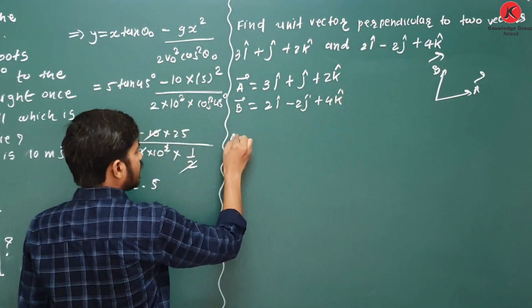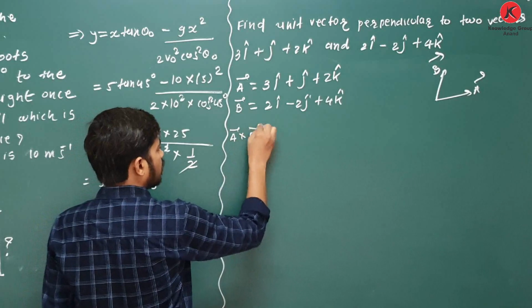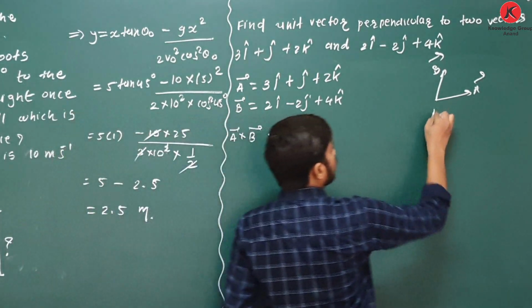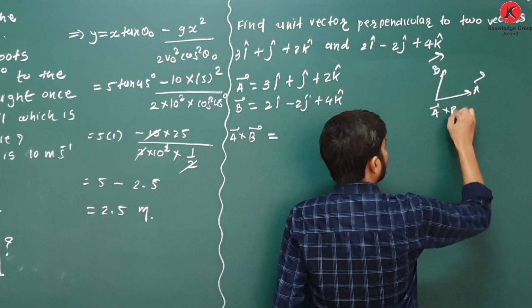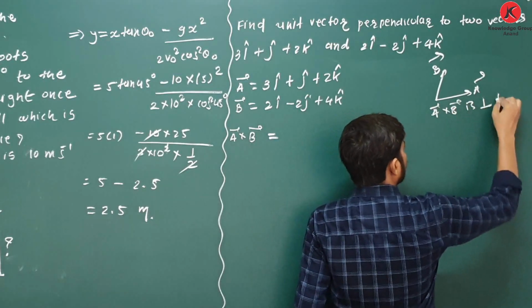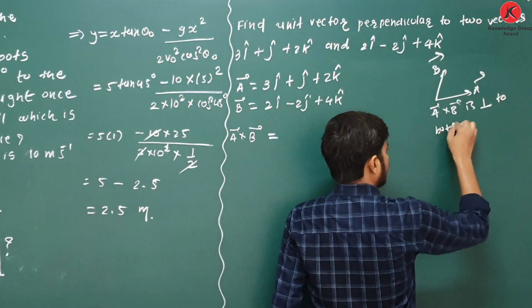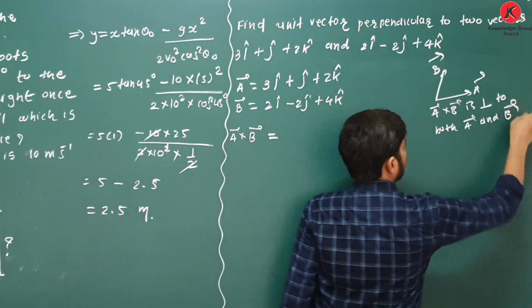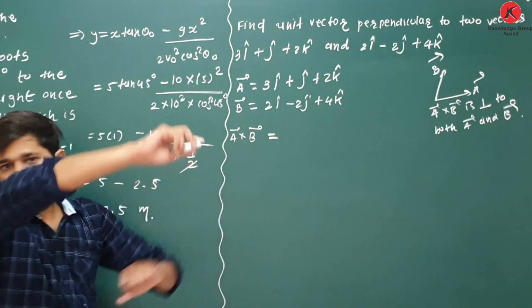Then I will find a cross b, because a cross b is perpendicular to both a and b.